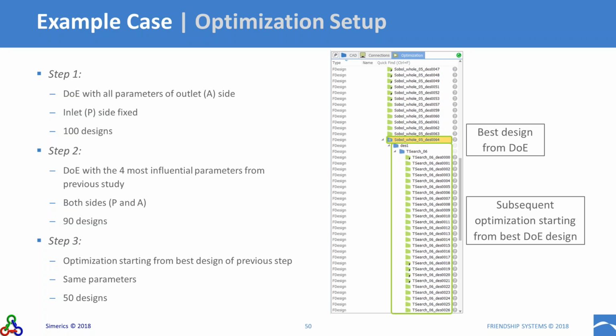You can run optimization, of course, in many different ways. You can use genetic algorithms, multi-objective algorithms, or as we did here, a combination of a DOE first, where we do a very broad scan of our design space, and then in a second step, we do a local optimization in the region where we had identified the best designs.